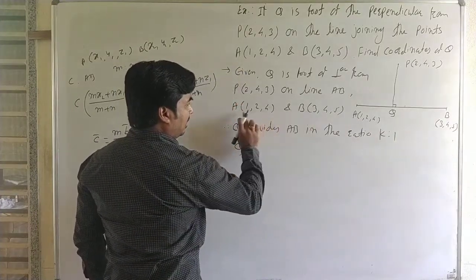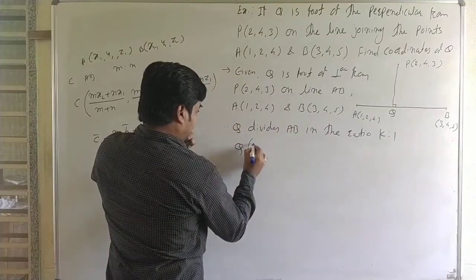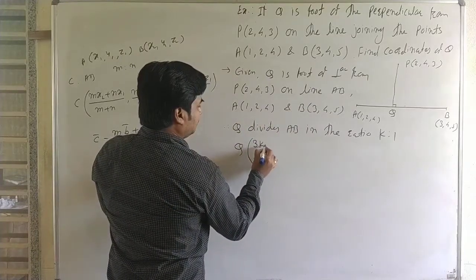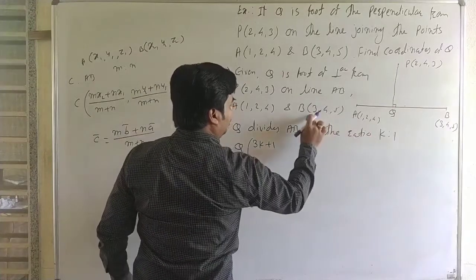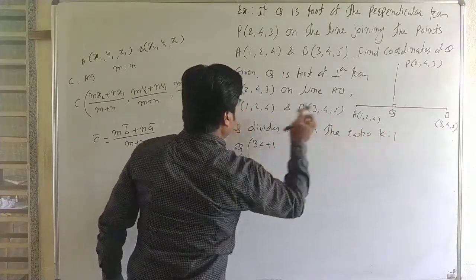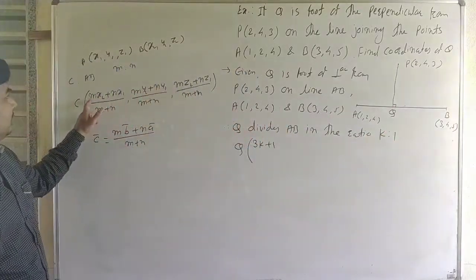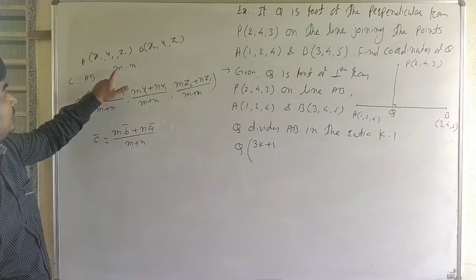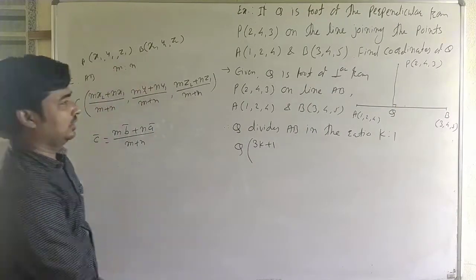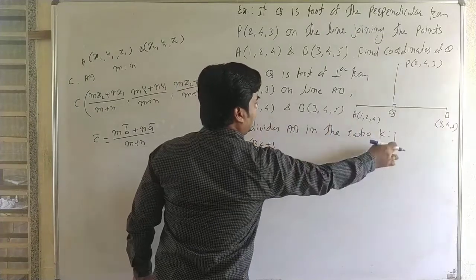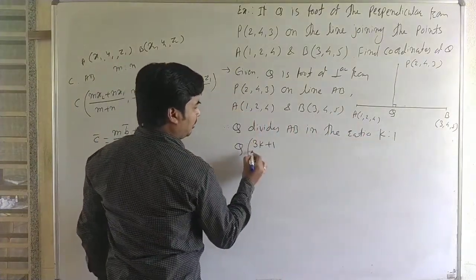Okay, here A and B. Therefore we can write here: (3k plus 1) is, m into x2 and n into x1, that is k into this and 1 into this, upon k plus 1.